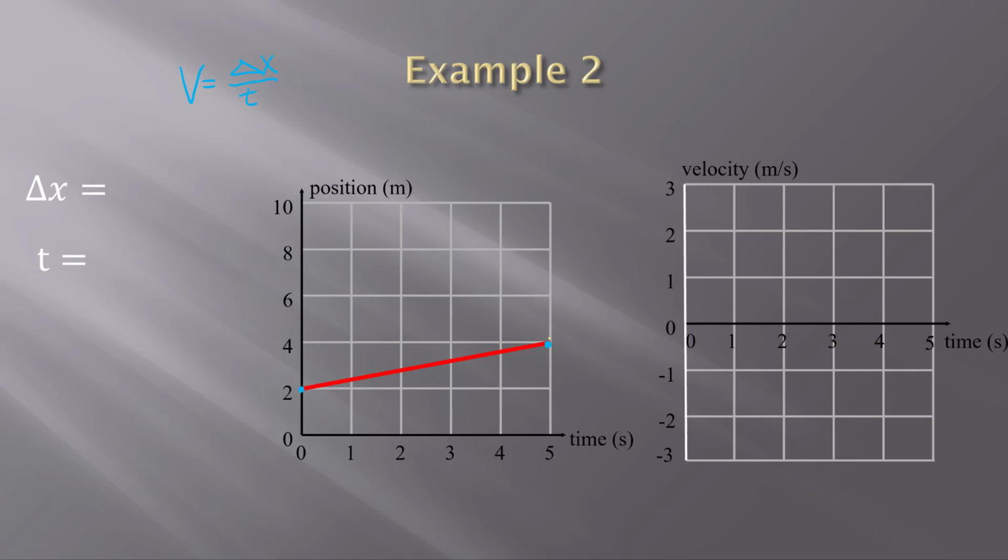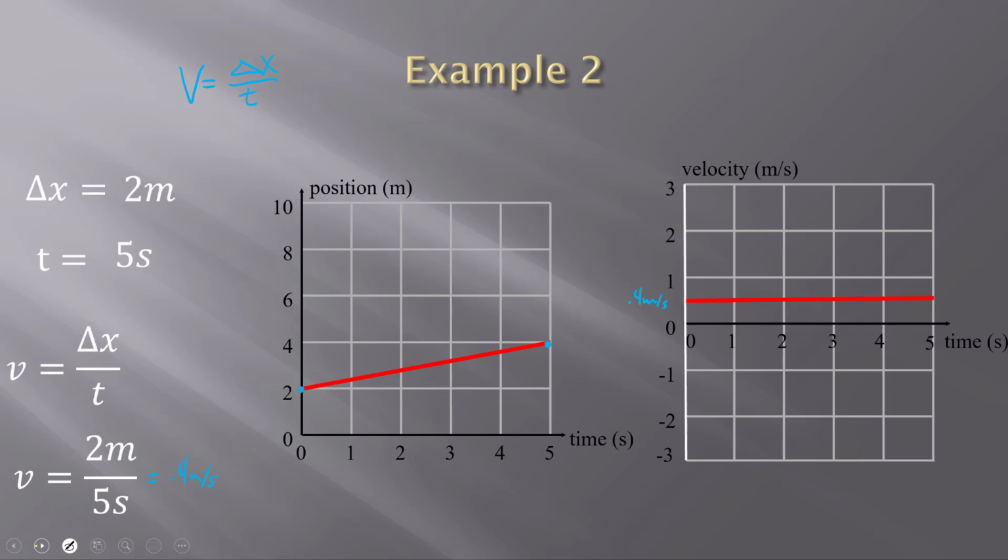That's a displacement of 2 meters, and the time it takes to go from that point to that point is 5 seconds. So my velocity, displacement over time, is 2/5 meters per second. 2/5 is 0.4, so that's the same thing as 0.4 meters per second. If you want to leave it in decimal form, that's fine.